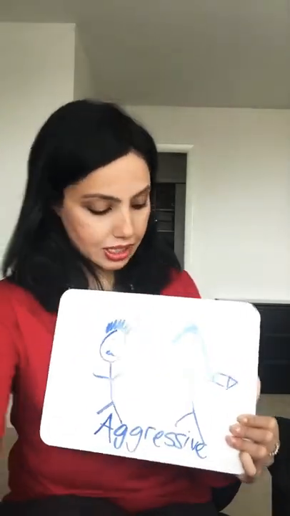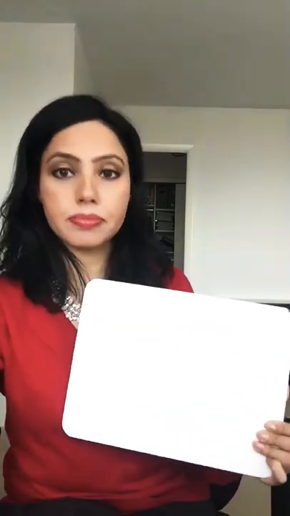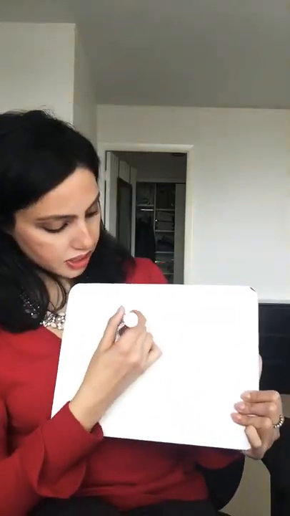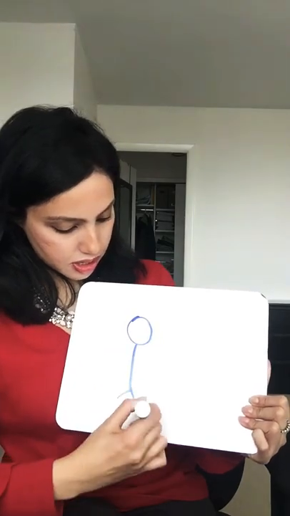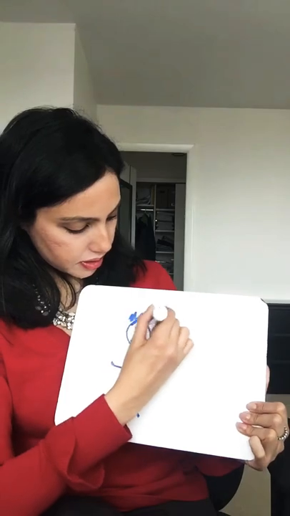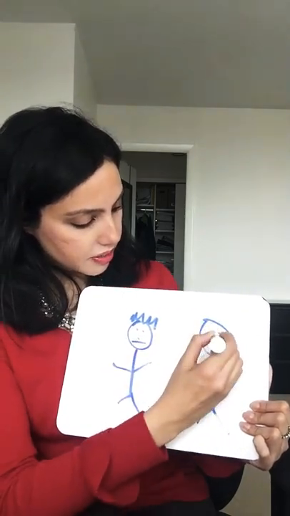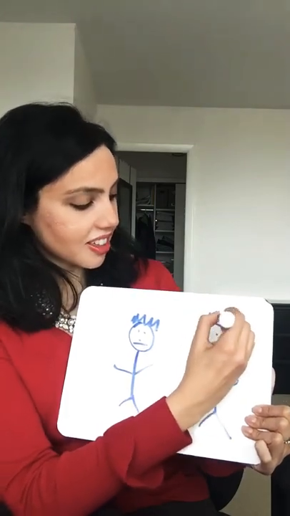Now, we have another situation where we have a student who, again, somebody took their pencil. Here's the other kid. I like to draw the other kid again and again.